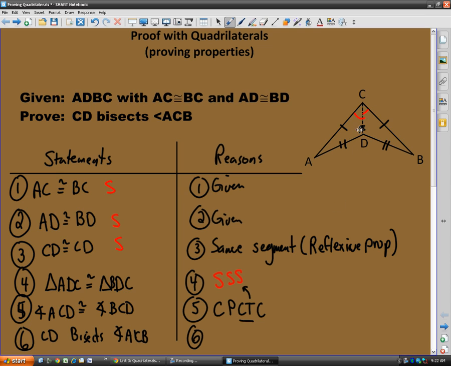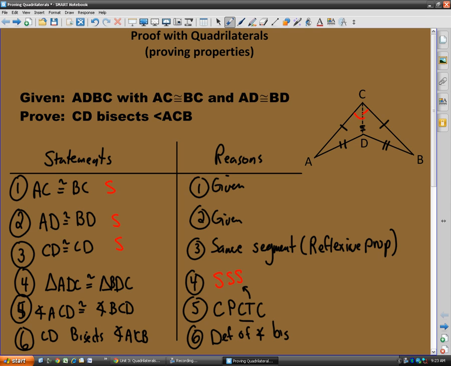By definition, a bisector cuts something in half. We just proved that these two pieces are the same, so something's cutting a big angle in half, which means the line CD is it. So this is by definition of angle bisector.